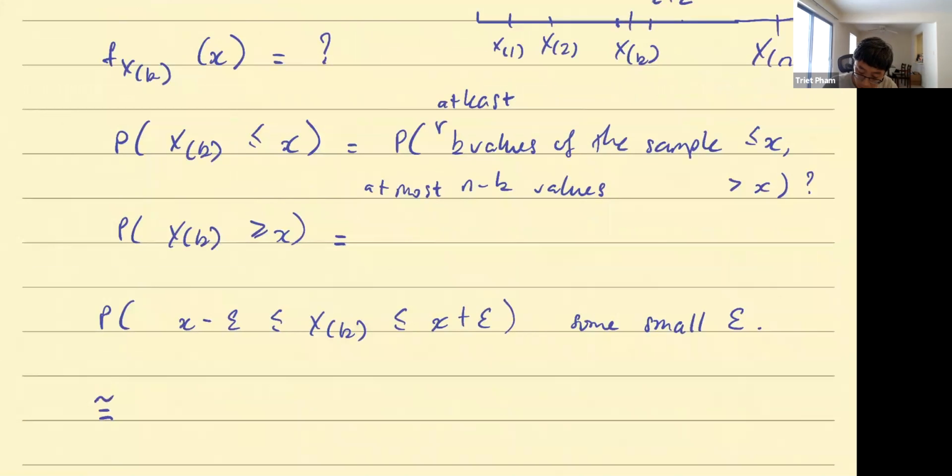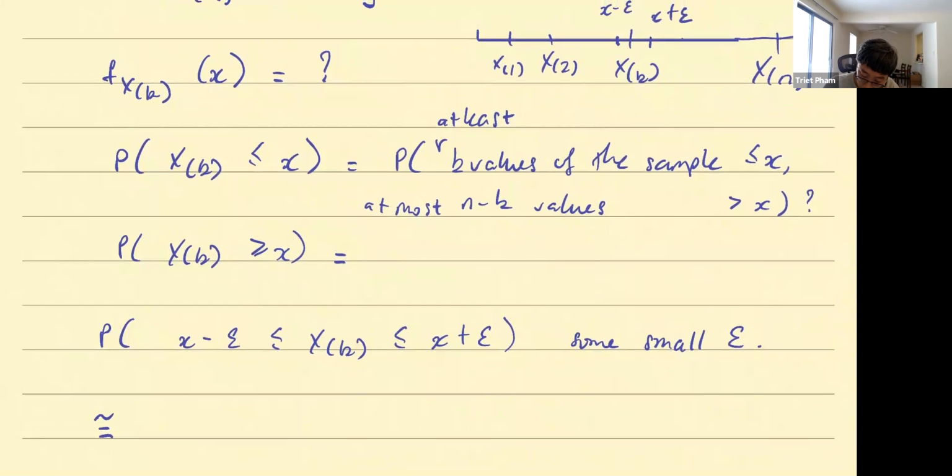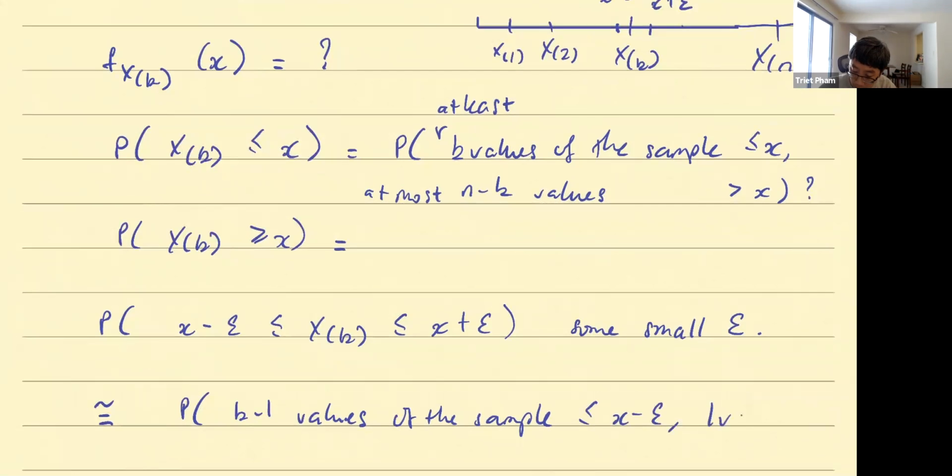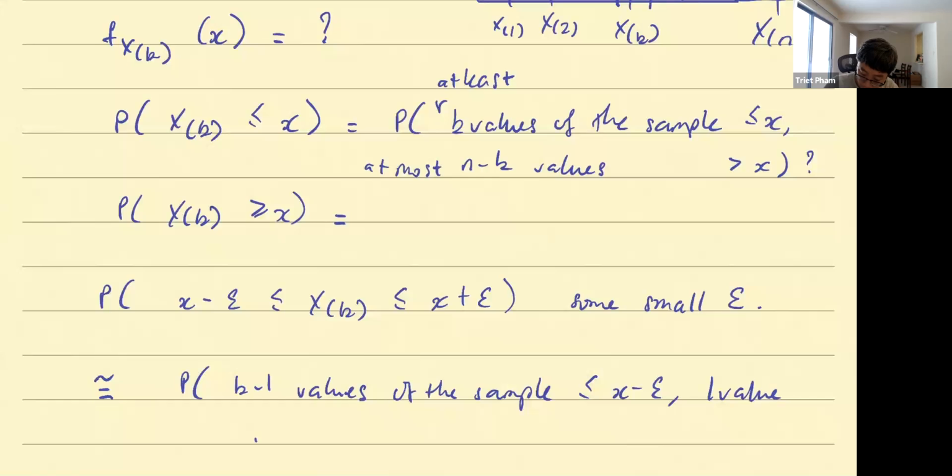It's approximately the probability of k minus 1 values of the sample less than or equal to x minus epsilon, one value in between, and then n minus k values. Is that okay?